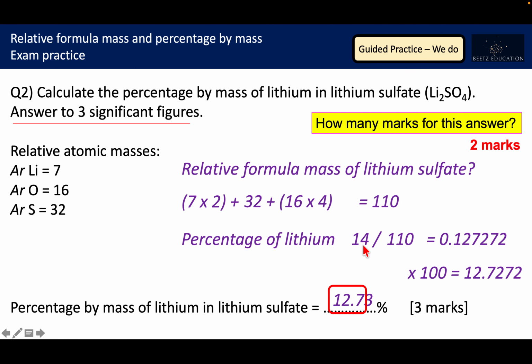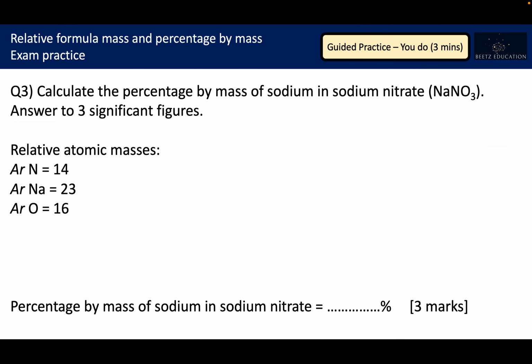The student has done well by noticing that there are 2 atoms of lithium, so they've multiplied 2 by 7 to give them 14 for their total mass of all lithium atoms divided by the relative formula mass multiplied by 100, but it asks for 3 significant figures, not 4. Since the fourth value was a 2, we would round down in that case to 12.7.